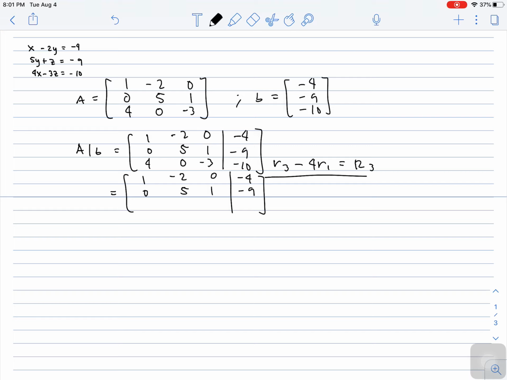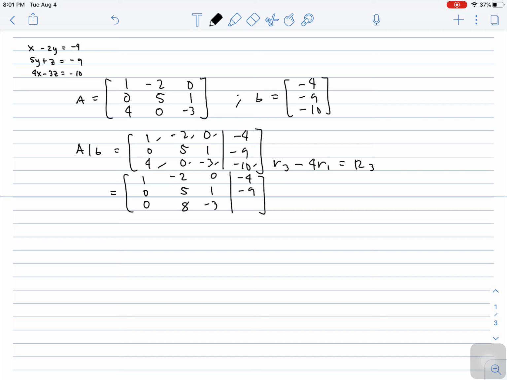So 4, using this formula, 4 minus 4 multiplied by 1 is just 0. 0 minus 4 multiplied by negative 2 is 8. Then negative 3 minus 4 multiplied by 0 is negative 3.